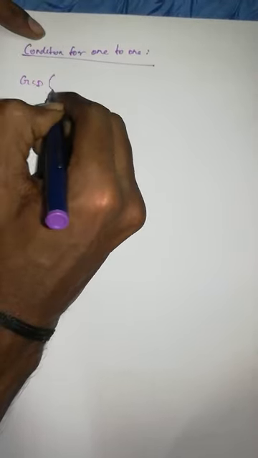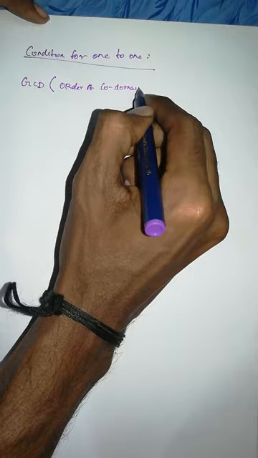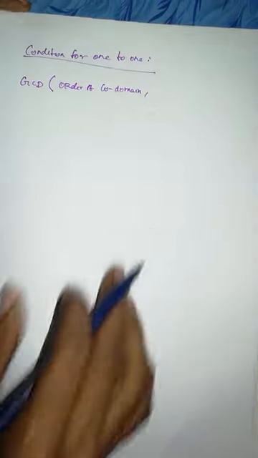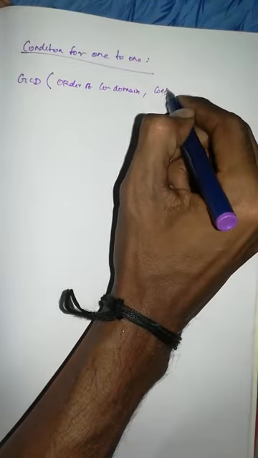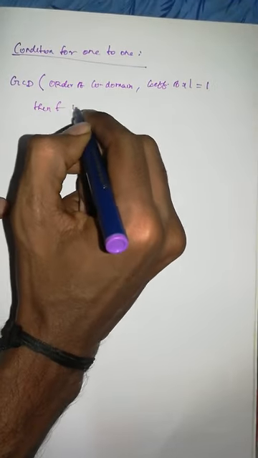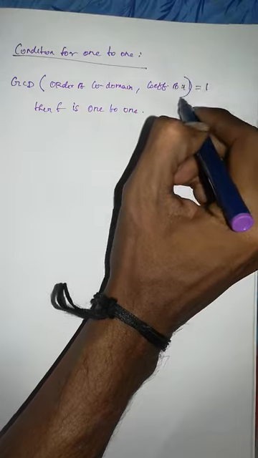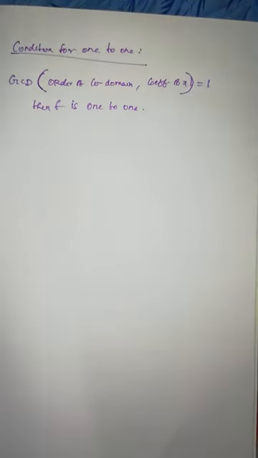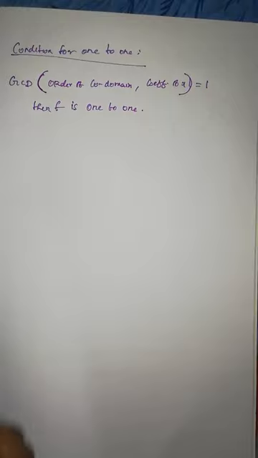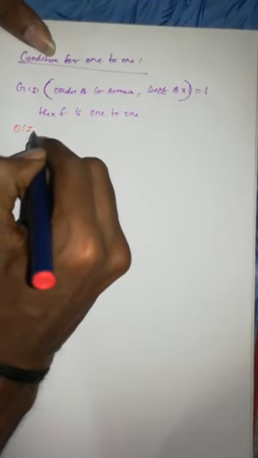The condition for 1 to 1 is: when the GCD of the order of the codomain and the coefficient of x is 1, then f is 1 to 1. So here we have codomain as Z4.